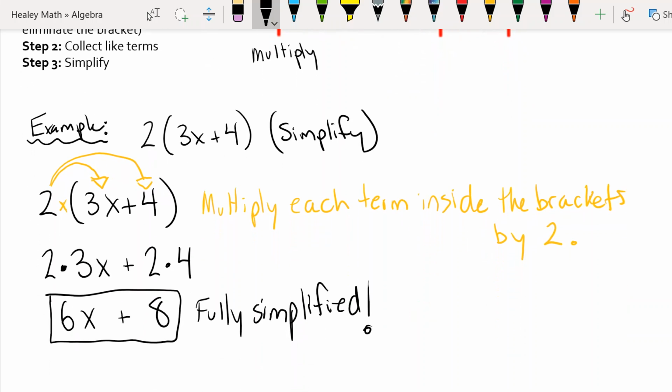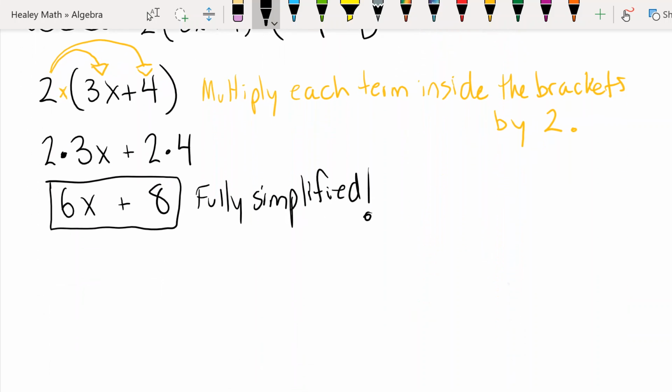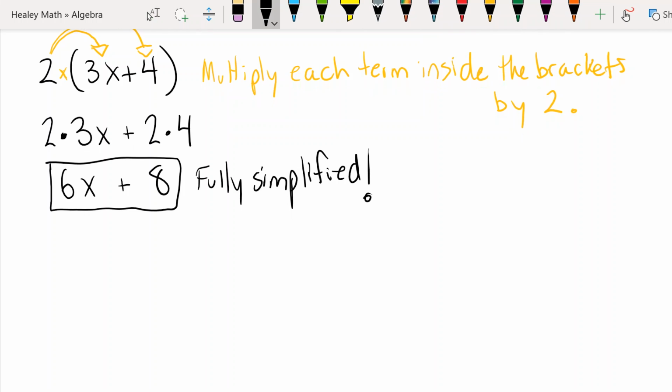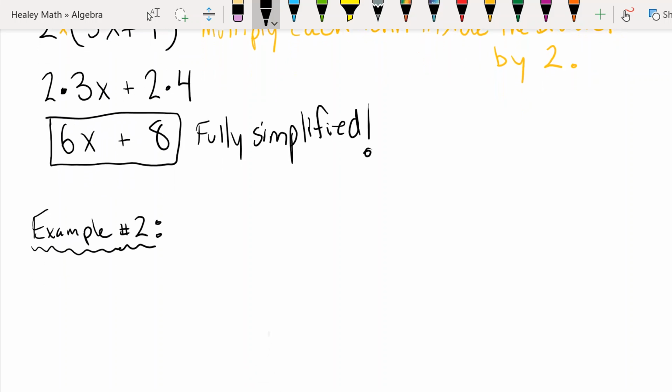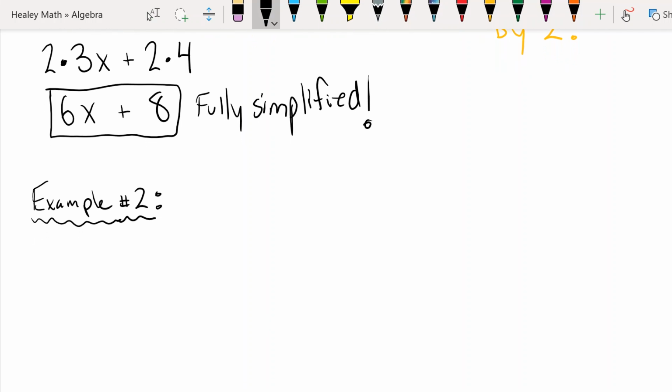Let's try another example, a bit more challenging. We have example number 2. Perhaps we have the example 3 plus 2 times 2x minus 4.